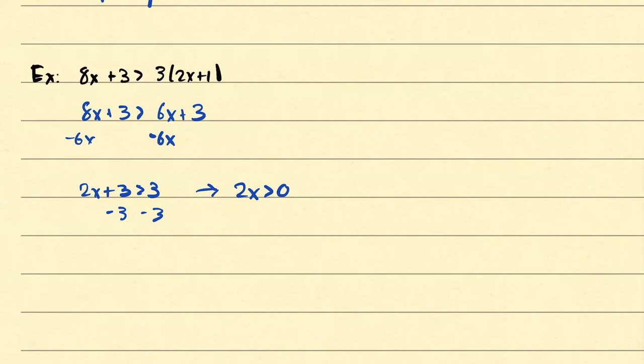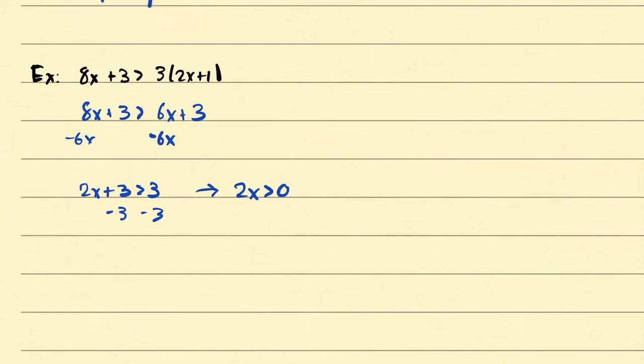So what must x be? x has to also be a number greater than 0. That's the only option, right? It can't be 0 because this product can't be exactly 0. But if I multiply 2 by any number that's greater than 0, the resulting number is greater than 0.